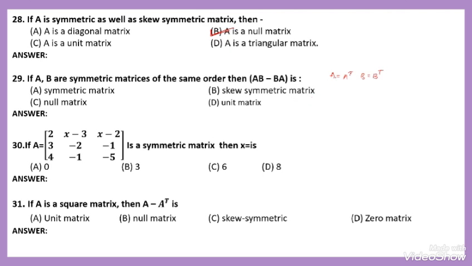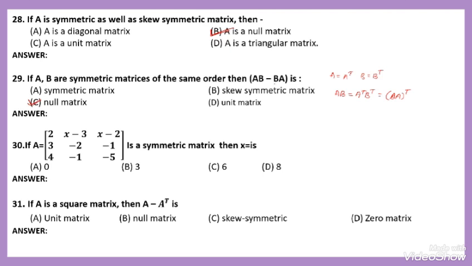Then while taking the multiplication AB, you will get A transpose into B transpose. Again, A transpose into B transpose can be written as B into A whole transpose. While using the result, B into A whole transpose, you will get the same matrix.